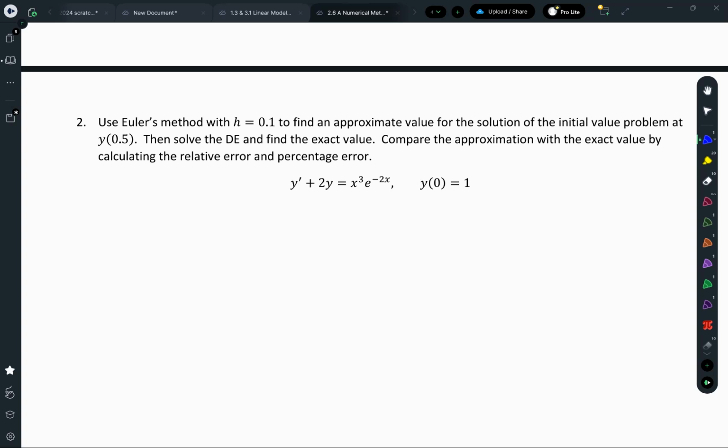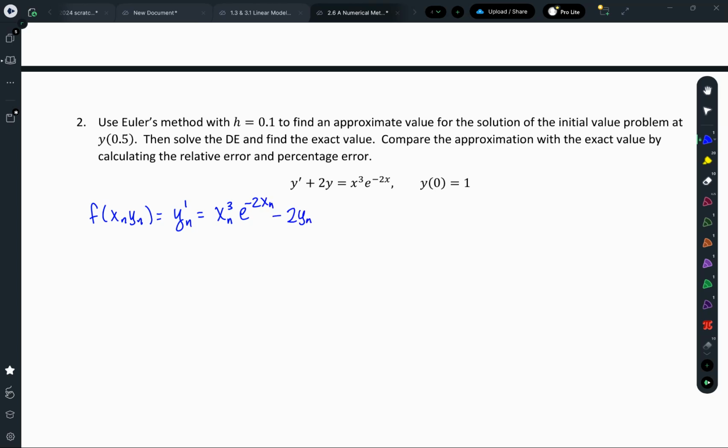That's our differential equation. And so that means that f of x sub n, y sub n will equal y prime, evaluated, sub n, which will equal x sub n cubed e to the minus 2x sub n minus 2y sub n.